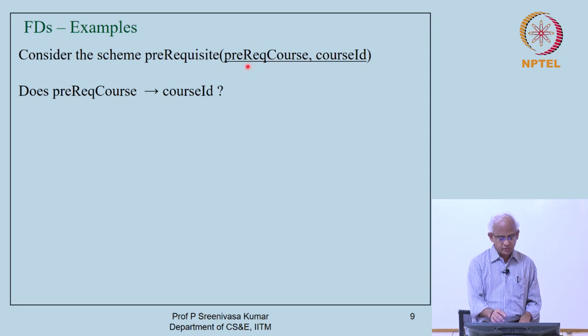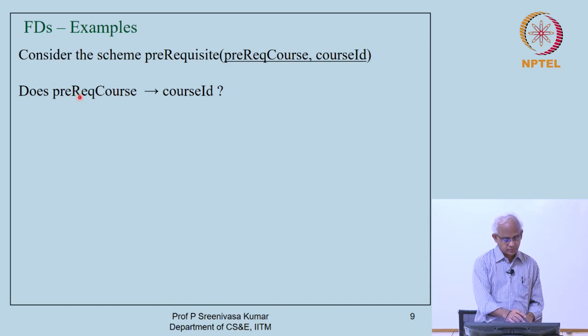Does prerequisite course functionally determine course ID? Recall that the prerequisite course is a course number, course ID is also a course number, and we will have a row if some particular course is a prerequisite of some other course. So there will be all such tuples in this particular instance.